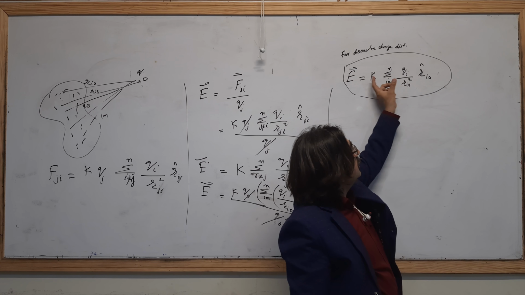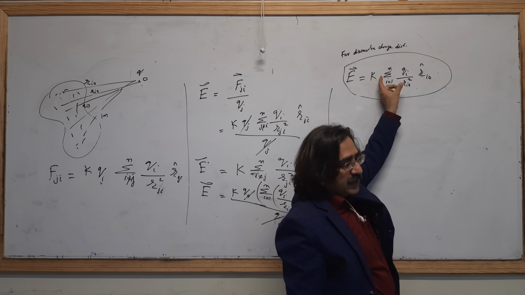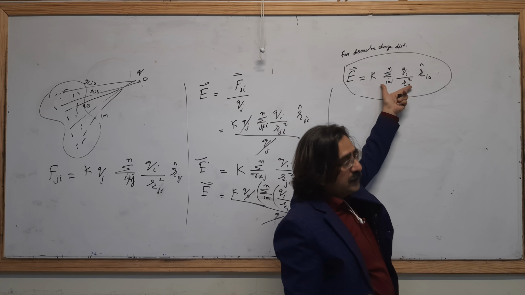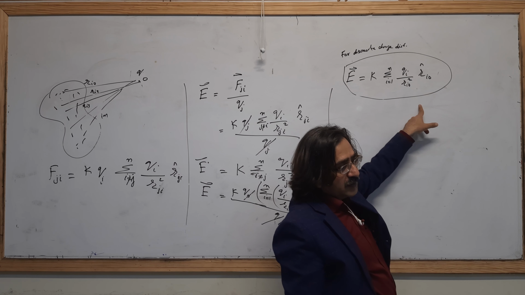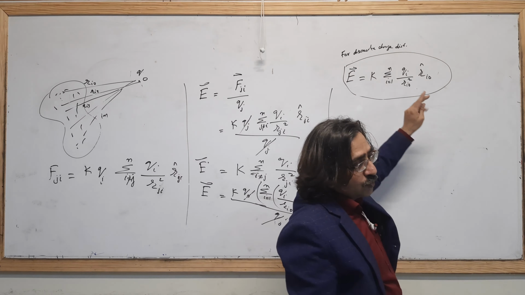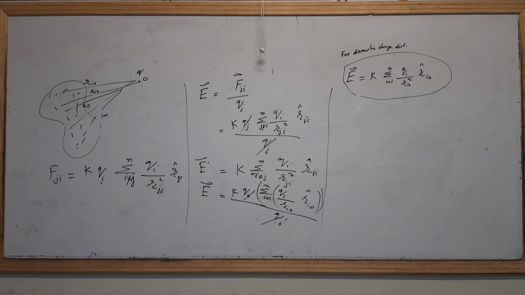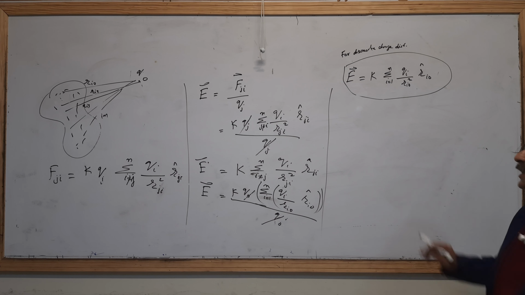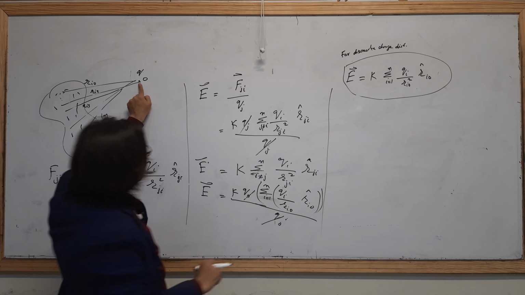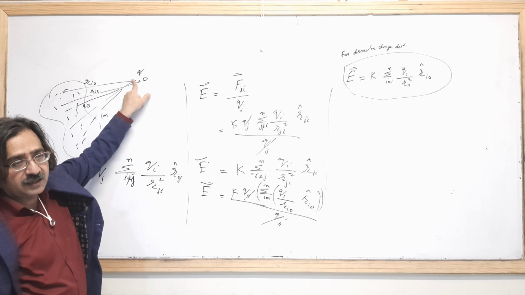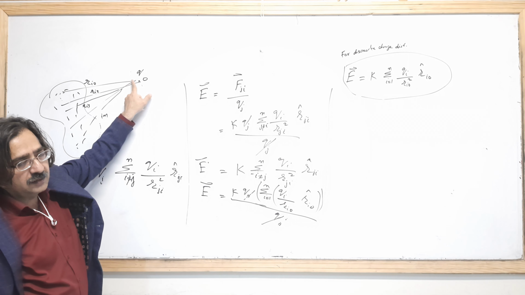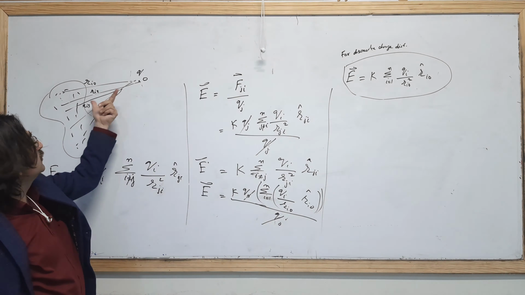We don't need the test charge, so Q naught cancels out, and the importance of the test charge is ended. Actually, the electric field intensity does not depend upon the test charge but upon the distance.